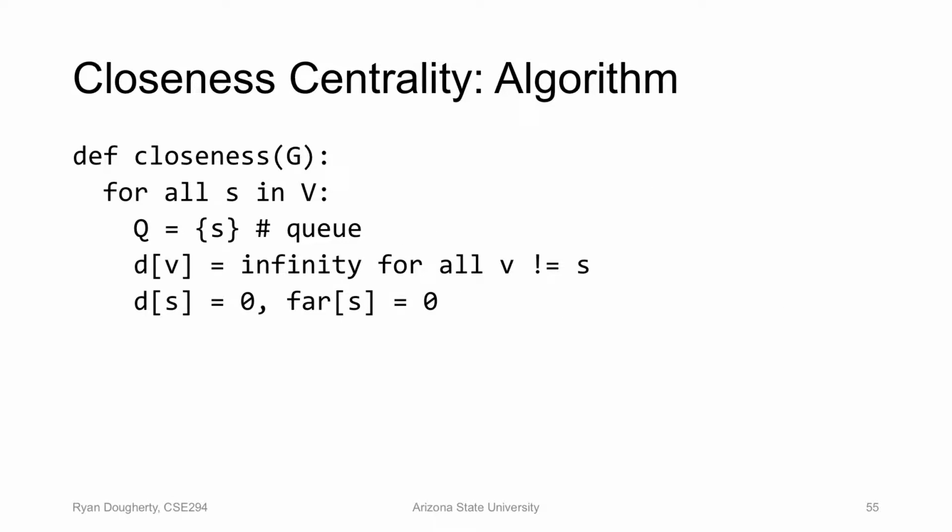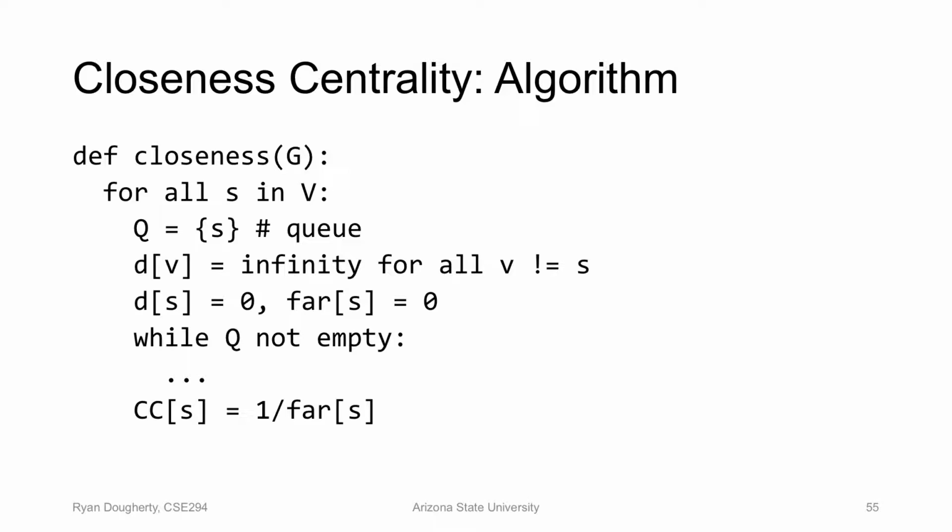So the idea here was we maintained far of S to be the total distance from S to everywhere else. It's basically breadth first search all over again. And once we found the sum of all distances, we took the inverse of it.